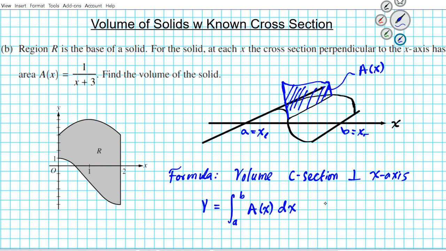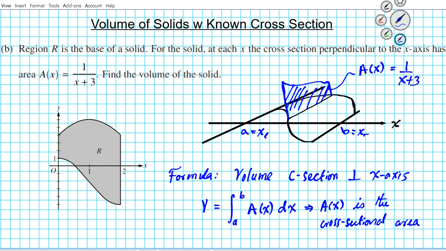Now what you want to notice is that A of x is the cross sectional area. It could be a semicircle, it could be a square, it could be a rectangle. But in this case, they gave it to us. It's a rational function.